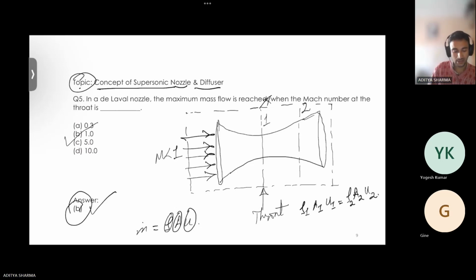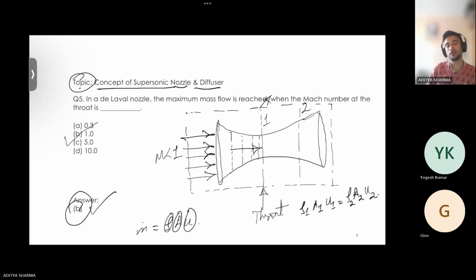If we keep on decreasing the area, moving in this direction, the area obviously is decreasing.